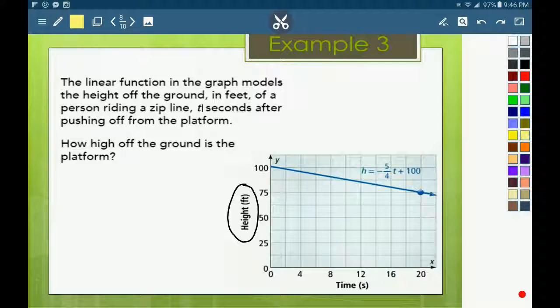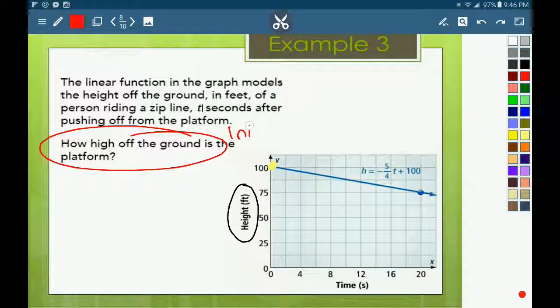So how high is the platform off of the ground? We should see where the start point is, because wherever the zipliner starts, that's how high the platform is off the ground, and then they start to descend. So really what this question is asking us to find is the initial value, otherwise known as the y-intercept.